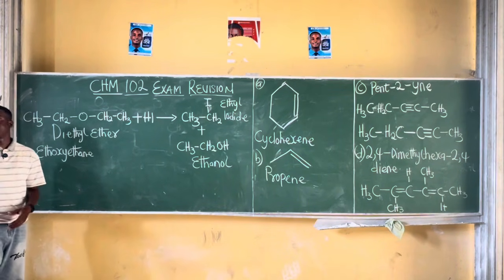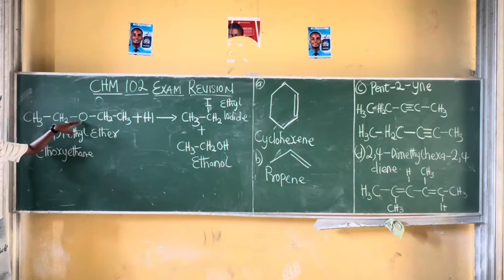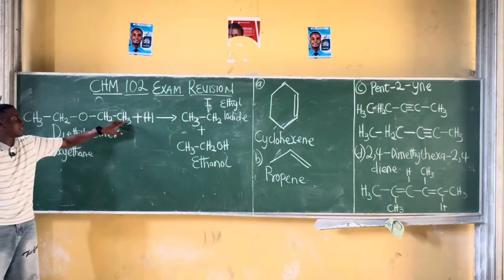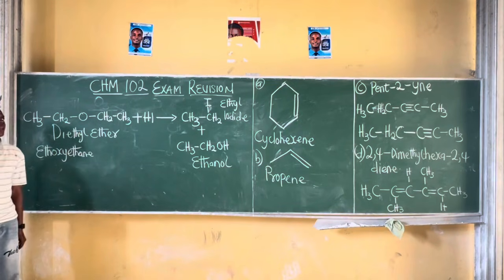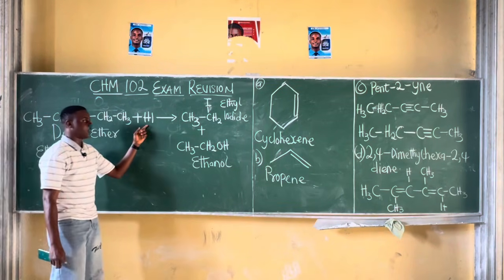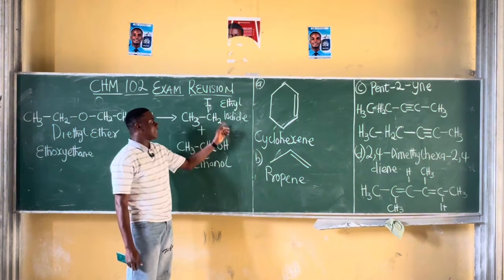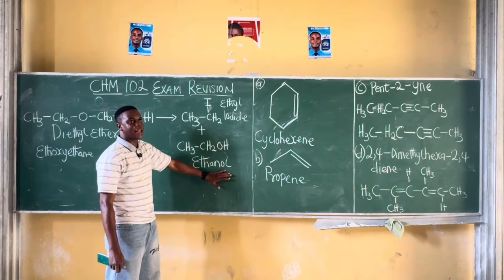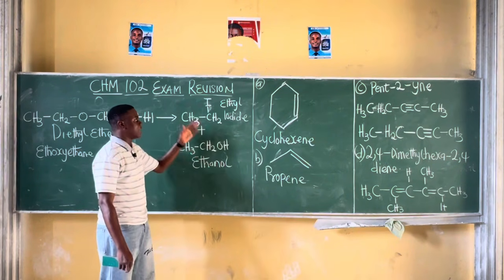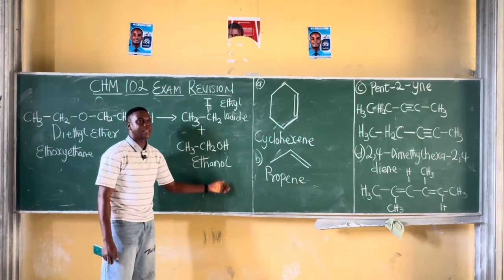Ethers are characterized by this oxygen, which links these two alkyl groups, right? So this is called diethyl ether. If you react it with hydrogen iodide, you're going to have ethyl iodide and ethanol, okay? The product will be ethyl iodide and ethanol.